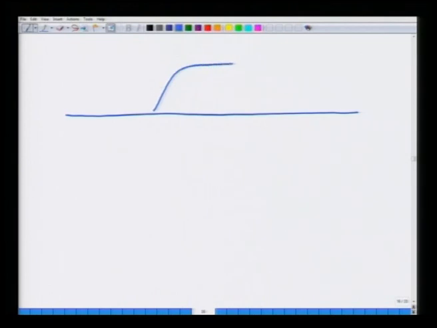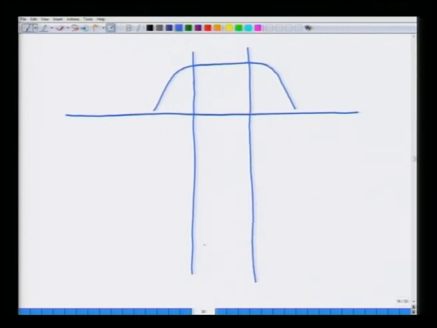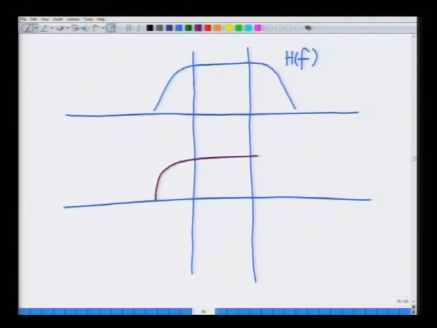However, now consider the slightly different case where I have some channel that looks like this, where this is its coherence bandwidth. So, this is my spectrum H of f, and I have a signal whose bandwidth is much greater than the coherence bandwidth.